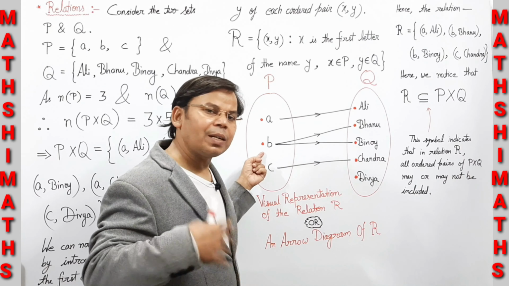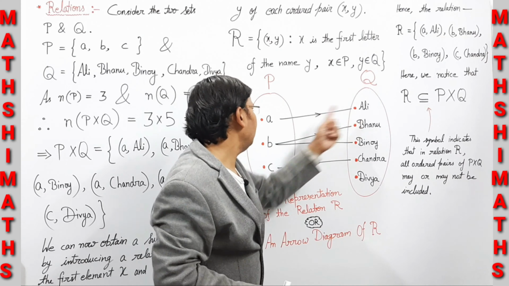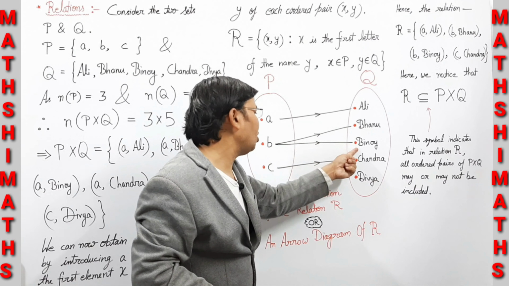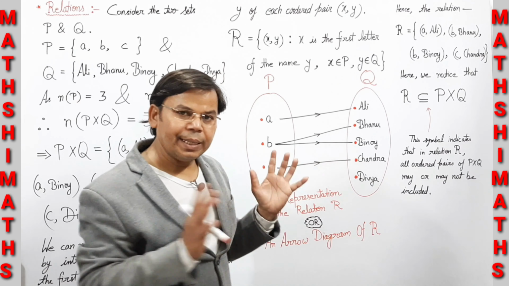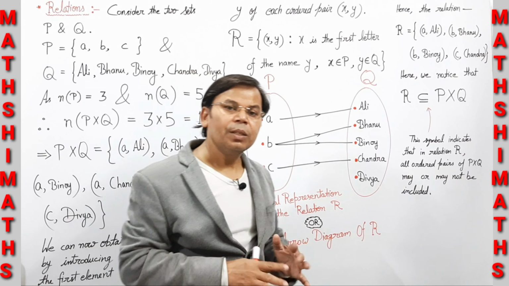Hence, this arrow diagram represents the relation. Hence, the relation R is equal to A Ali, B Bhanu, B Binoy and C Chandra. Here you can also see that A Ali, B Bhanu, B Binoy, C Chandra represent the ordered pairs in the set of the relation.